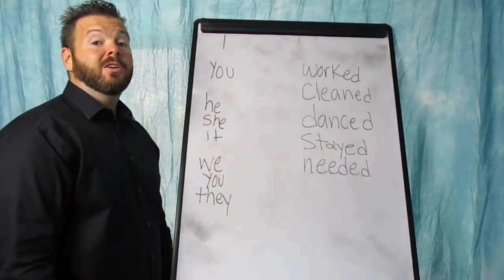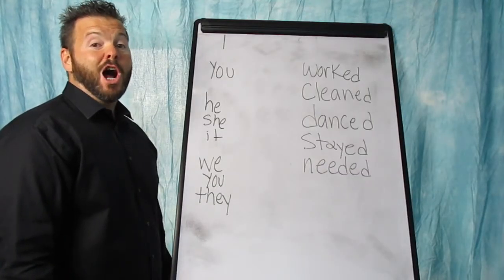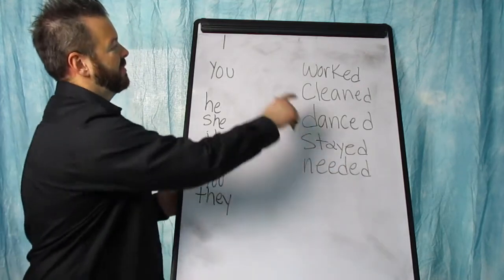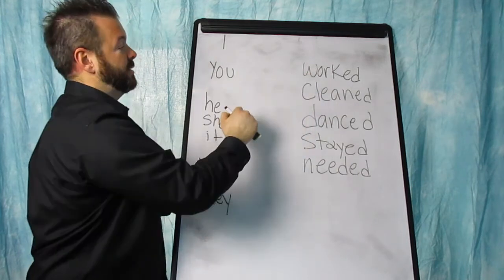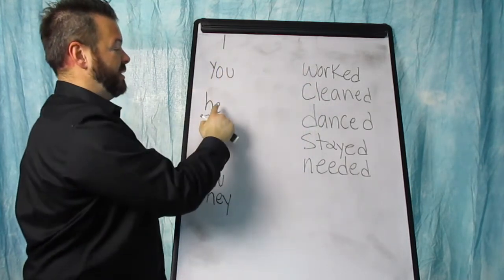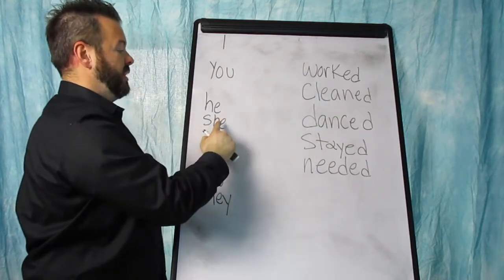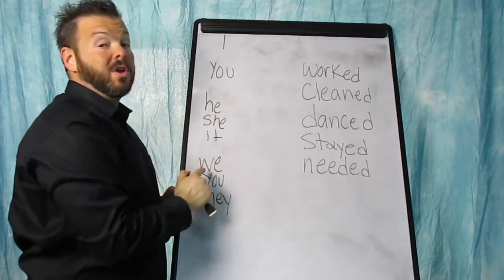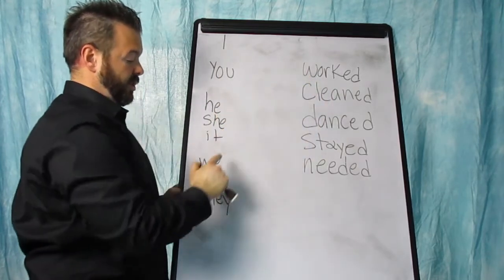Okay, here are examples using our verbs that I just showed you a moment ago. I worked. You worked. He worked. She worked. It worked. We worked.